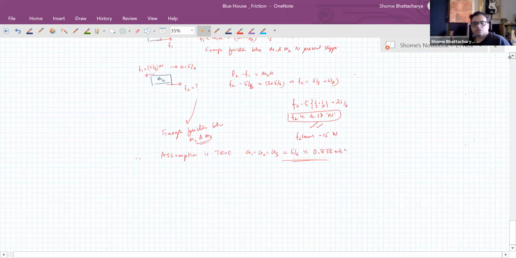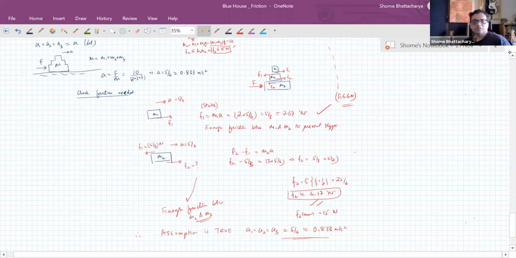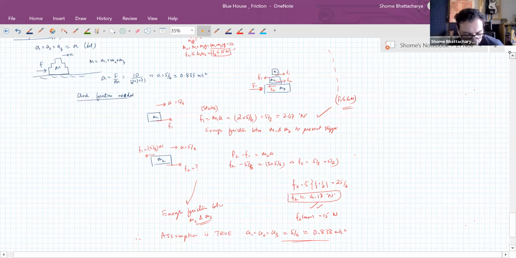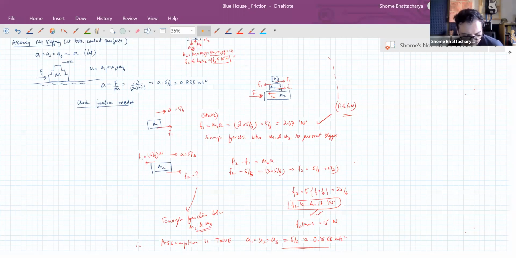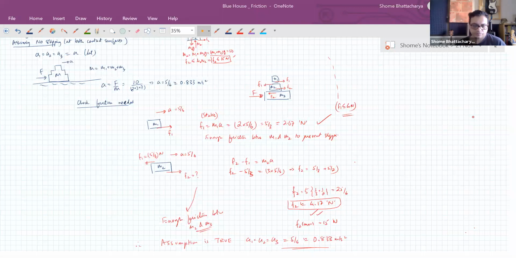So just go through this whole method once. This is the same method we always apply for questions where there are 2 or 3 blocks or whatever. Yeah, limiting condition has to be found out.